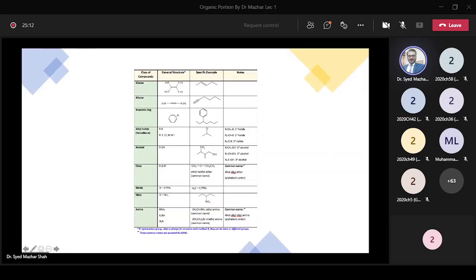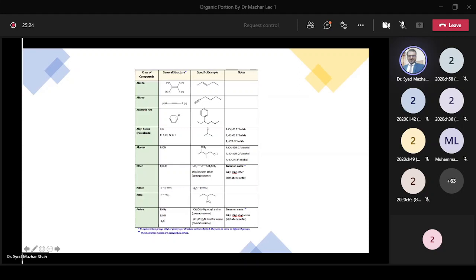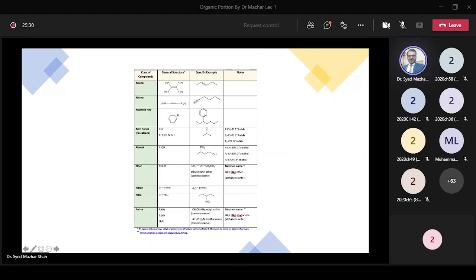And in ether you can see they have mentioned two different types of R's, R and R dash, because in ether they can be the same alkyl groups or different. It's not necessary that we should have the same number of carbon atoms on both sides of oxygen. They can be different, like ethyl methyl ether. So on the left we have a methyl group, and on the right we have an ethyl group attached to the oxygen.